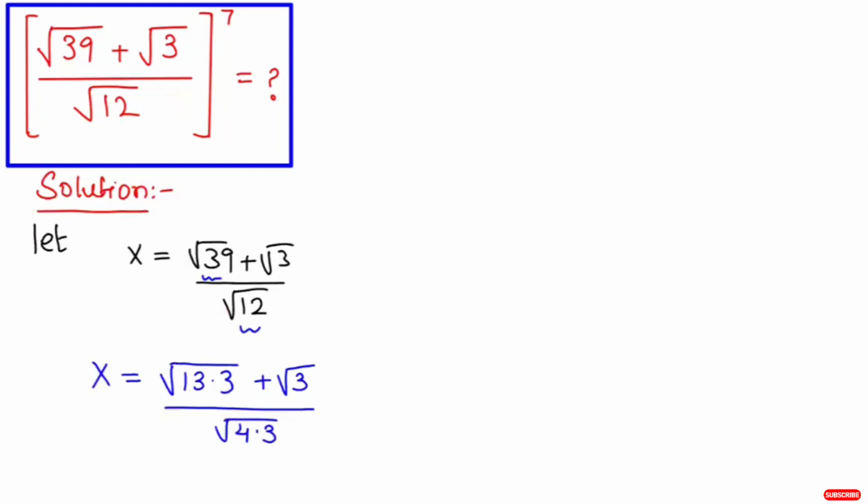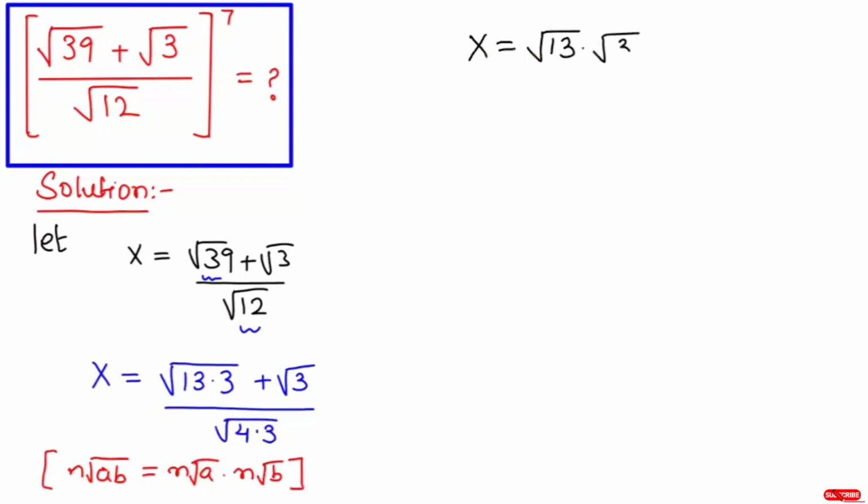Now next I will apply the radical rule, that the nth root of a times b can be written as the nth root of a times the nth root of b. So this equation turns to x equals root of 13 times root of 3 plus root of 3 over root of 4 times root of 3.